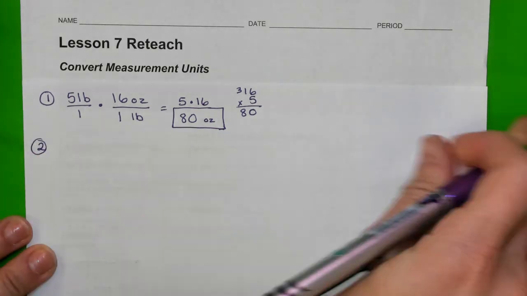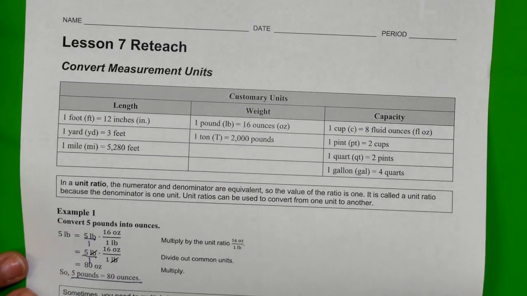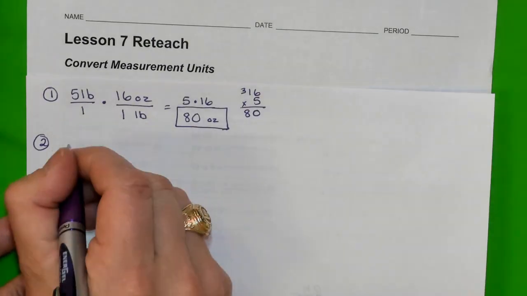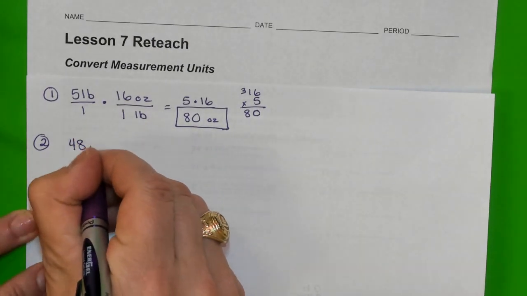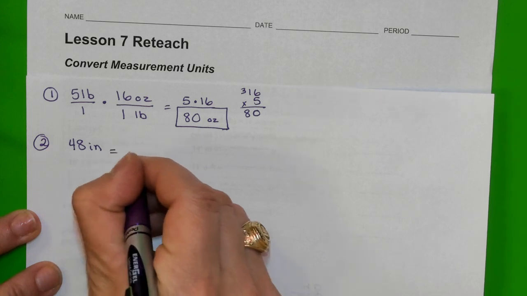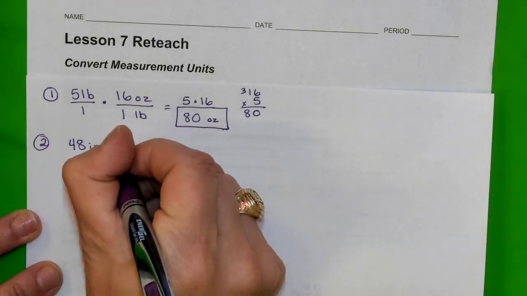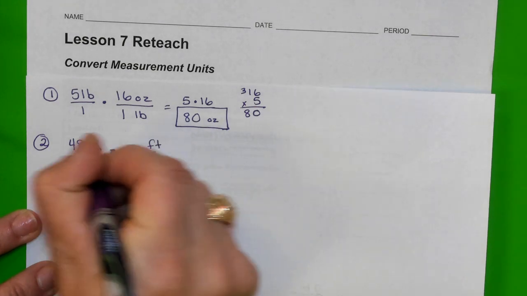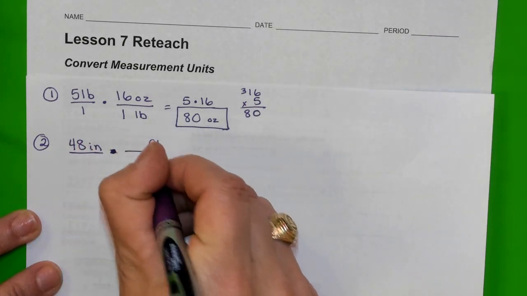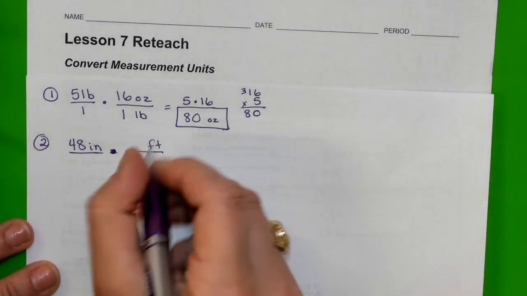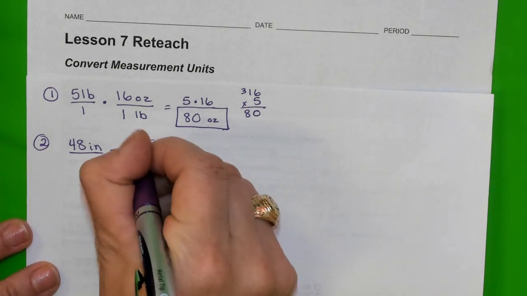Number 2, we're trying to convert 48 inches into feet. So we're going to multiply by how many inches are in a foot. There are 12 inches in 1 foot.